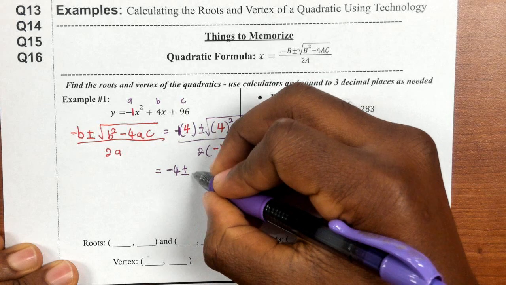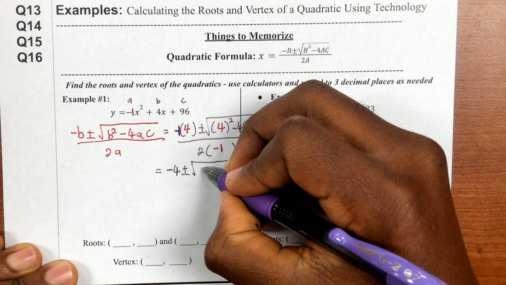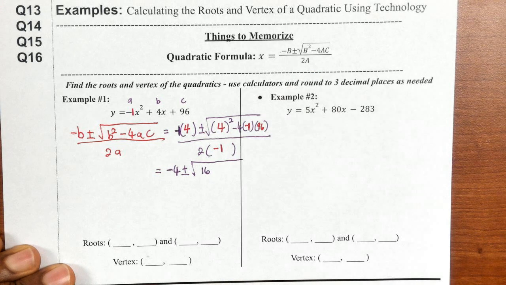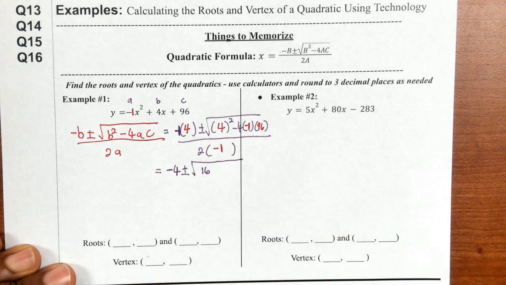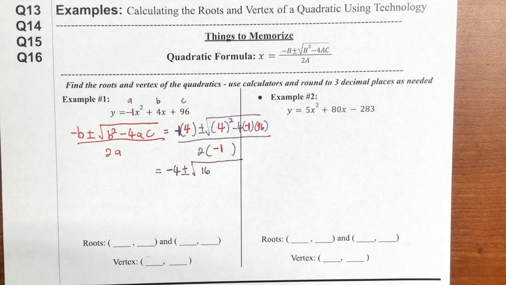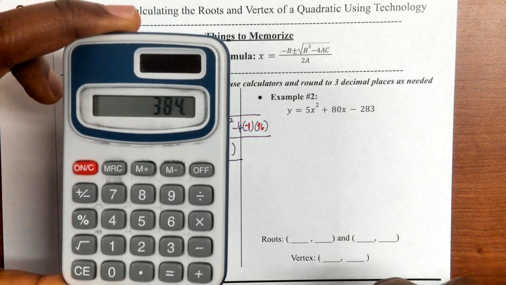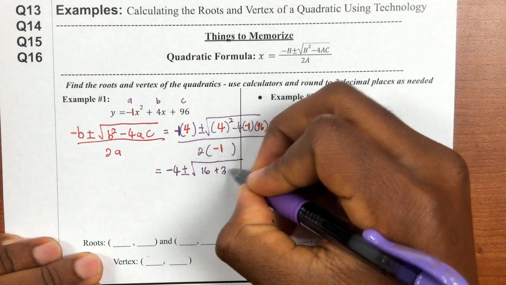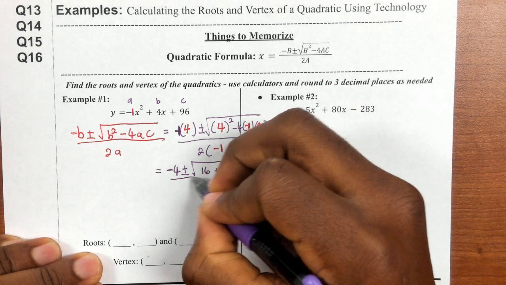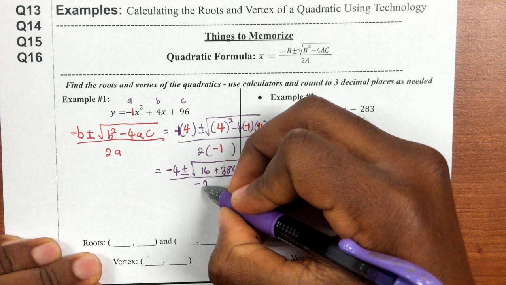Plus or minus the square root, 4 squared is 16, because that's 4 times 4. Negative 4 times negative 1 is positive 4, and 4 times 96 gives me positive 384. All over 2 multiplied by negative 1 is negative 2.